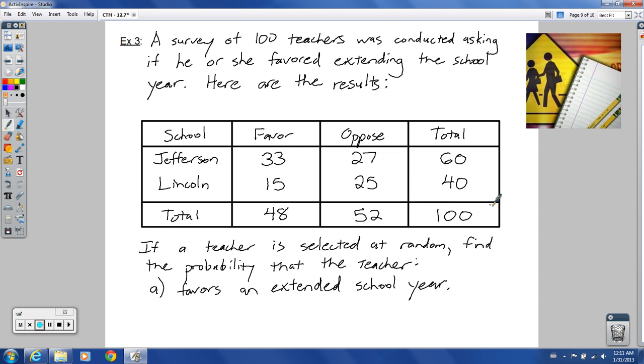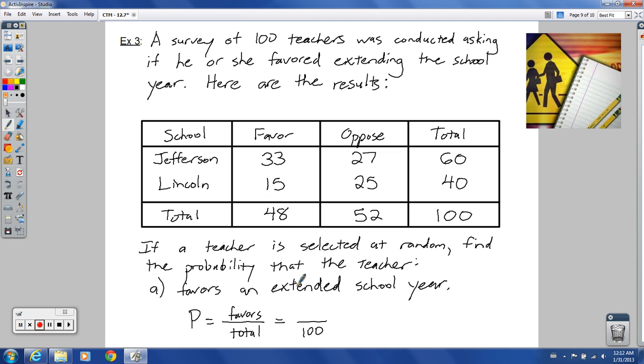So this empirical data, this experimental data, based on the results of this, we're thinking of what we want goes on the top over the total on the bottom. So what do we want to happen? We want to know how many people favored it over the total. So there were 100 total people surveyed, and how many of those people favored that?